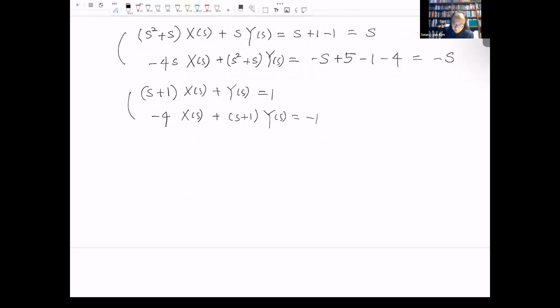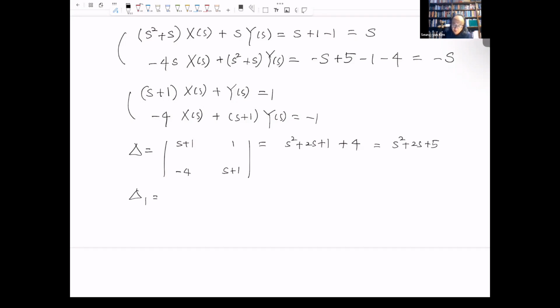Now we can put delta: s plus 1, 1, negative 4, s plus 1, that equals s squared plus 2s plus 1, which is s plus 1 squared, plus 4. So the delta is s squared plus 2s plus 5.